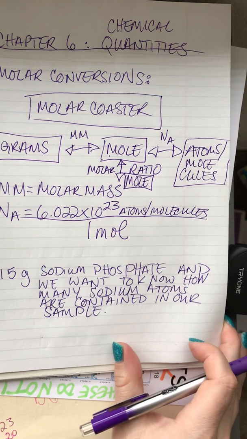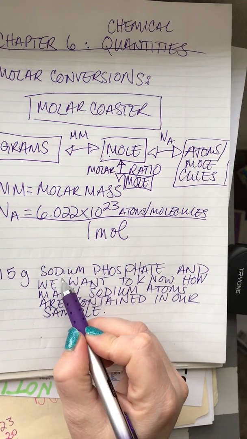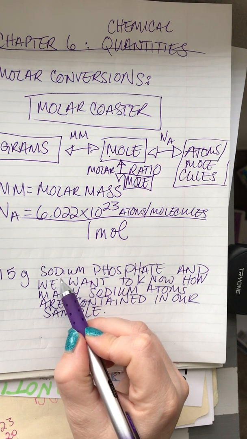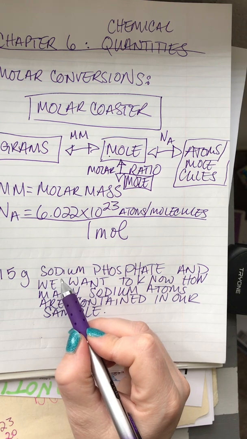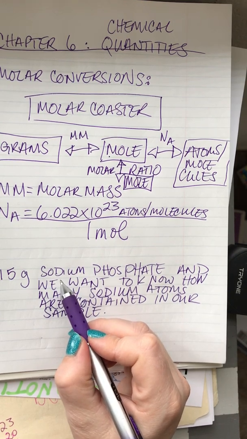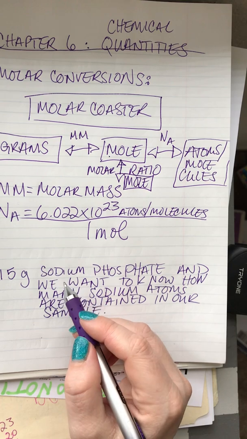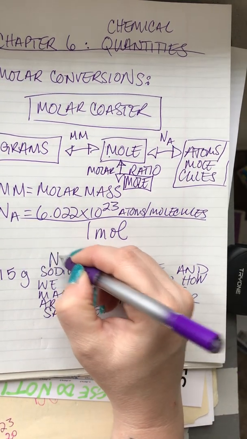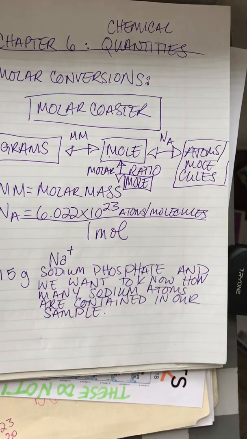So what is sodium's ion? Plus one, right? Metals are always trying to lose electrons, so they're always going to make cations. So it's going to be Na plus.